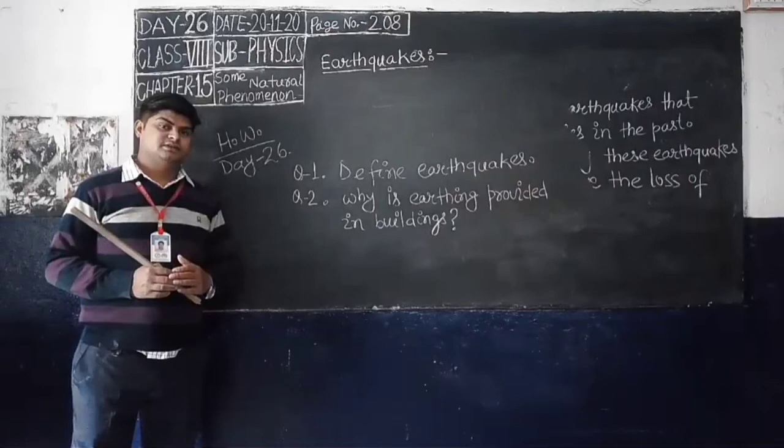Observe the loss of human life and property in all the earthquakes, and collect the data on the losses. Today I have discussed earthquake and lightning conductor. In the next class, I will explain some terms of earthquake once again.